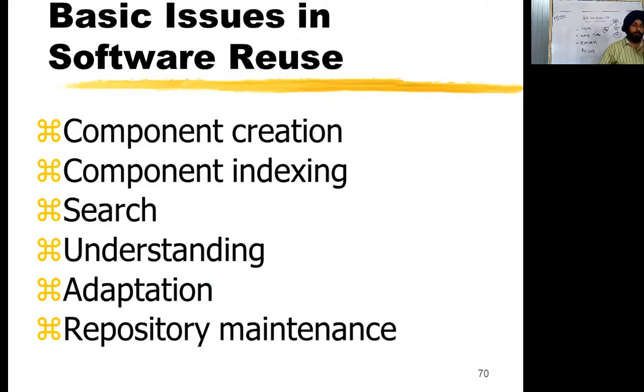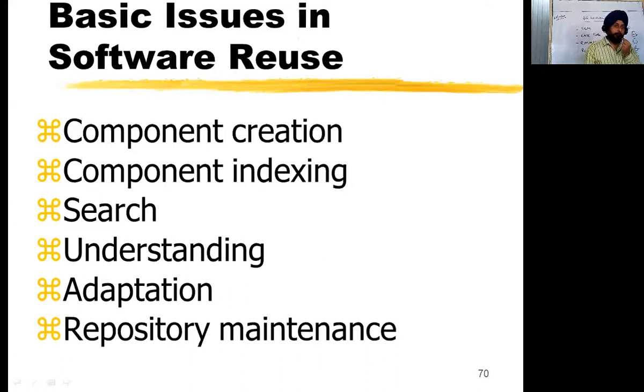So basically, software reuse involves component creation, component indexing, searching, understanding, adaptation, and repository maintenance. These are the different issues in software reuse. One is component creation: do you create everything from scratch or make it reusable?